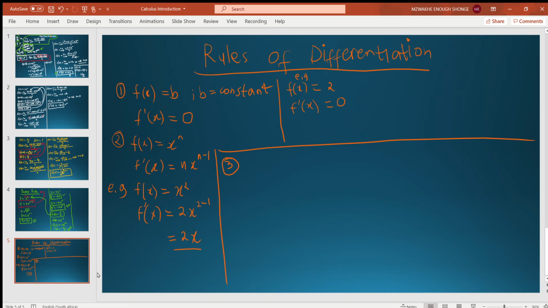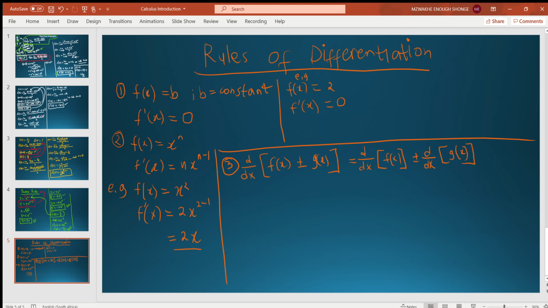For example, if you have the derivative d over dx of f of x plus or minus g of x, this is equal to the derivative of f of x plus or minus the derivative of g of x.